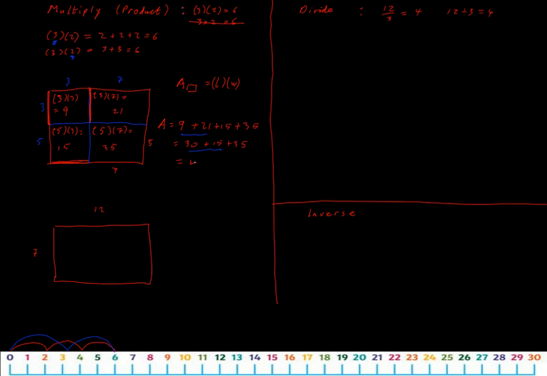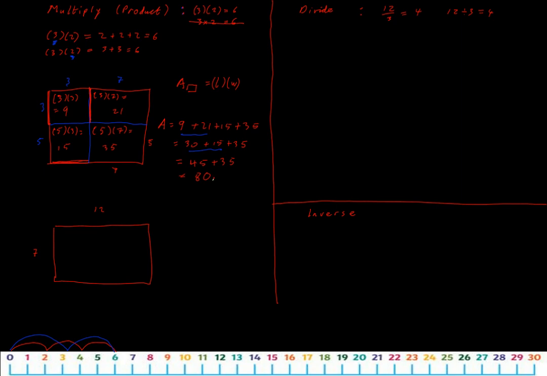So I get 45 plus 35. Now I can add them together and I get 80 for my overall area. So the whole field is 80 meters squared.